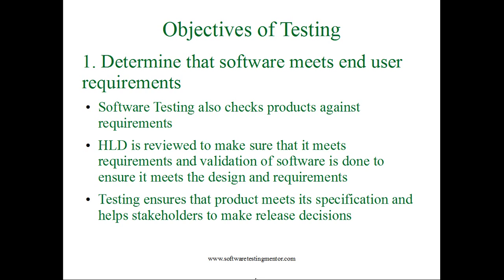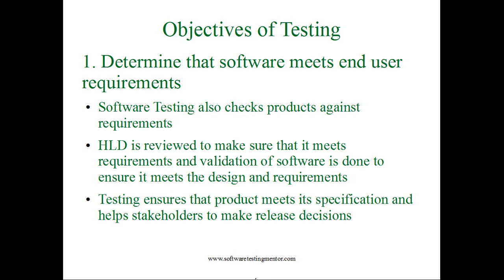So software testing checks products against requirements. Then high level design is reviewed to make sure that it meets requirements, and validation of software is done to ensure it meets the design and requirements. Software testers in the first phase review the requirements. Then in the design phase of the software development lifecycle, when the design document is ready, they review the design document to ensure that it meets the requirements in the software requirements specification document.